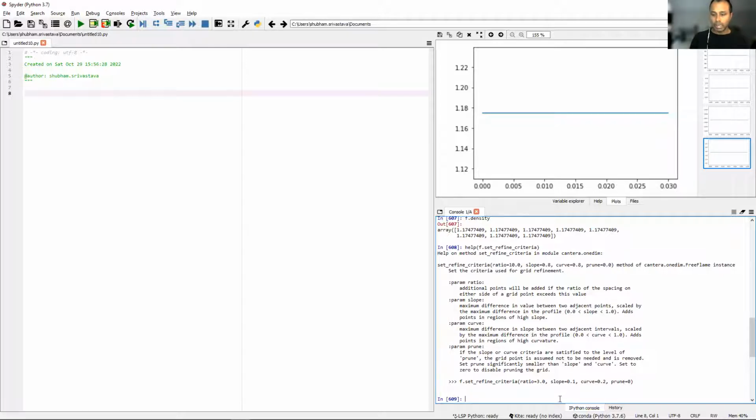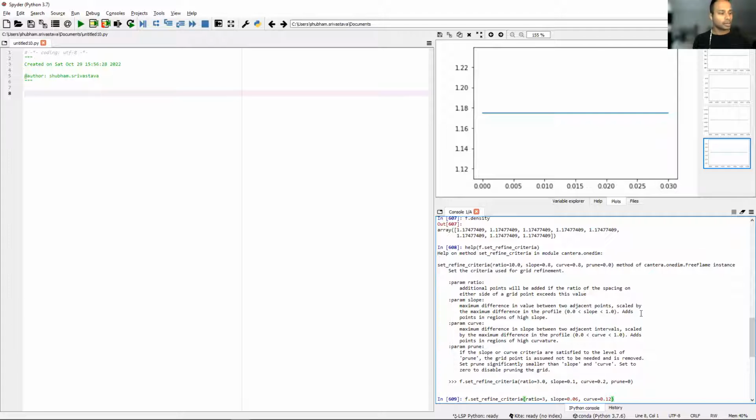So typically, in my simulations, I define f.set_refine_criteria, or let me just use the up arrow. I define the ratio as 3, the slope as 0.06, and finally the curve as 0.12.